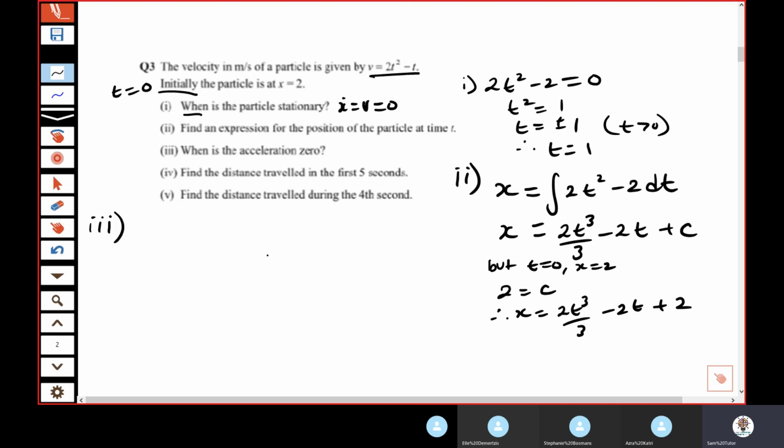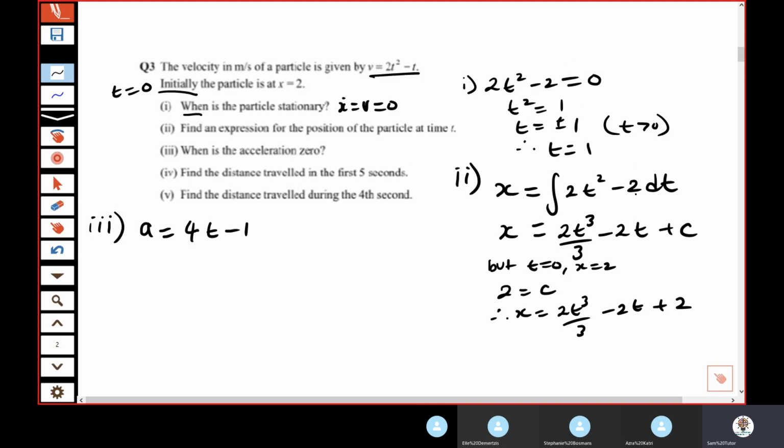Again, when is the acceleration 0? Obviously, you're just going to differentiate now from v. Acceleration equals 4t minus 1. Oh, I saw that as a 2. I just realized in part one it was 2t squared minus t.